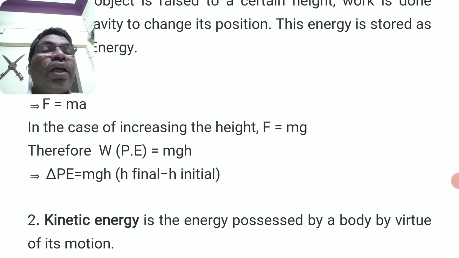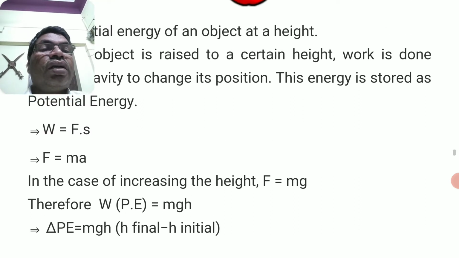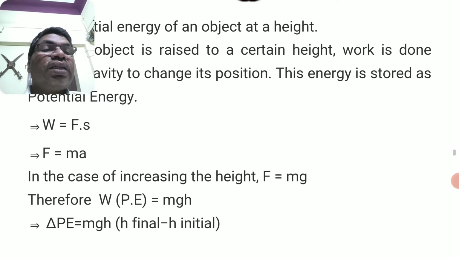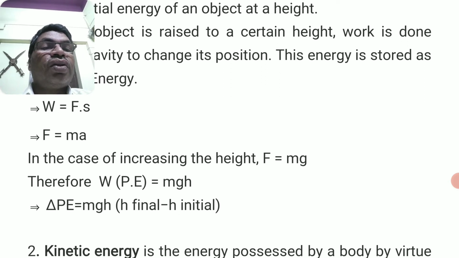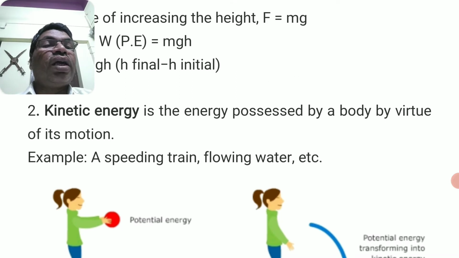Substituting F is equal to mg in the equation W is equal to F into S, you will get W is equal to mg S. S is nothing but displacement, which is the height here. So PE is equal to mgh, and it has the same unit as that of work, that is joule.